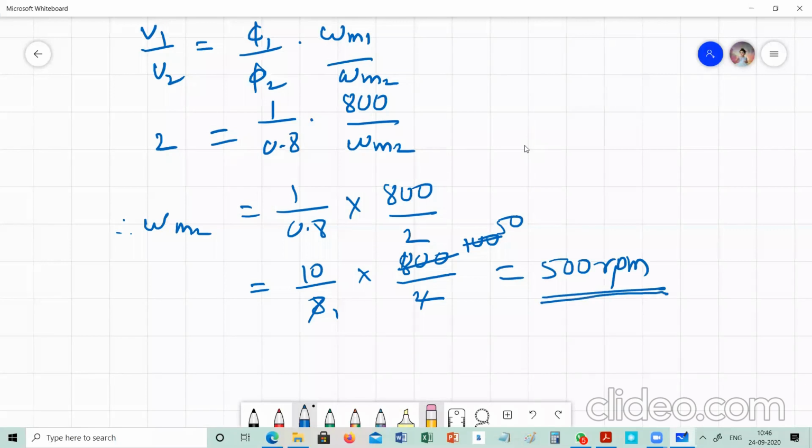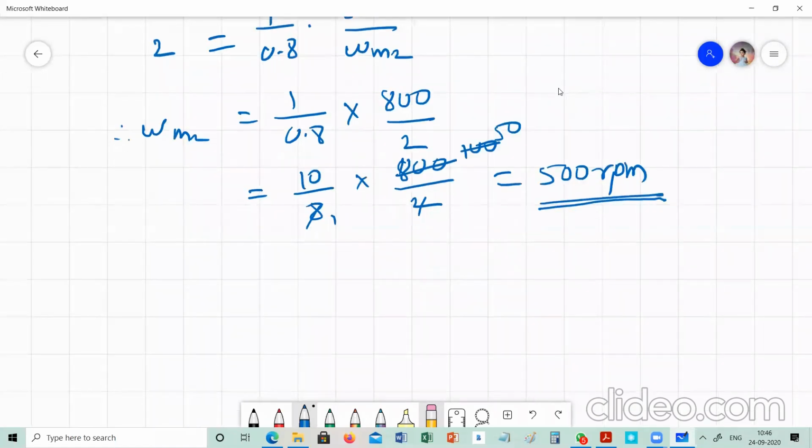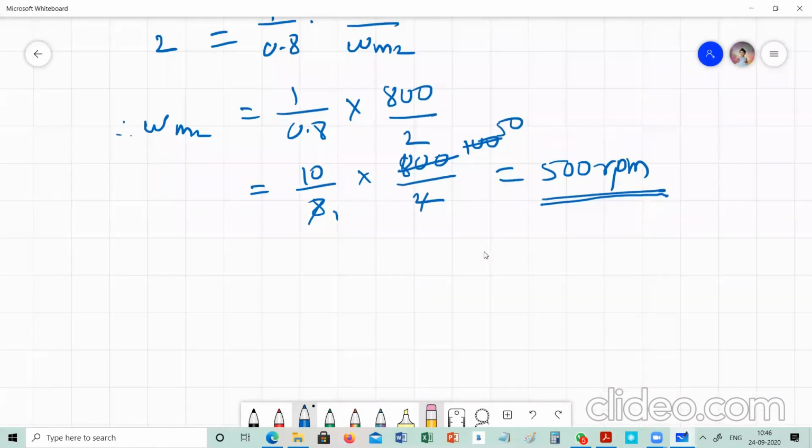The problem is solved. They have asked for speed, and I think they have also asked for current IA2. Current IA2 can be calculated using the condition they have given, T1 equal to T2.